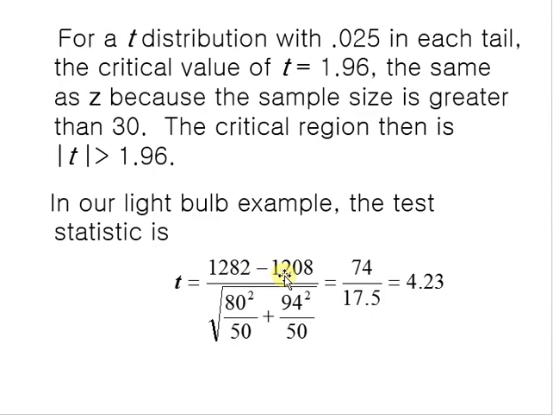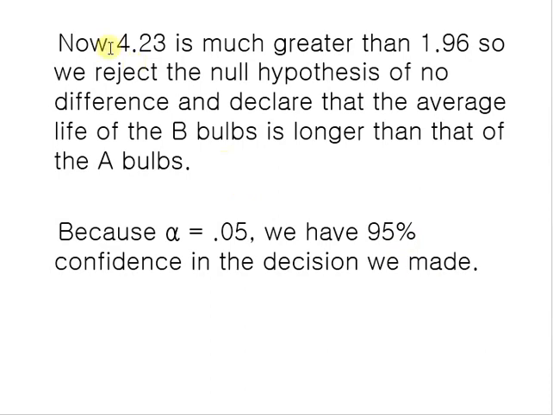In our light bulb example, the test statistic is 1282 minus 1208 divided by the standard deviation, and we get 4.23. Now 4.23 is much greater than 1.96, so we reject the null hypothesis of no difference and declare that the average life of the B bulbs is not the same as that of the A bulbs.